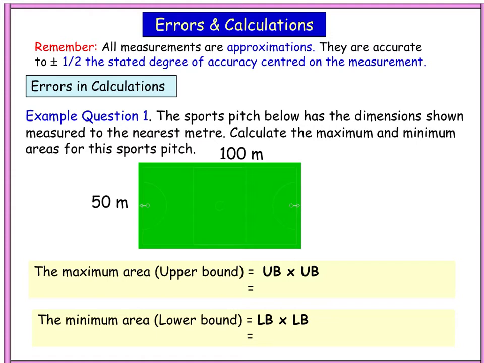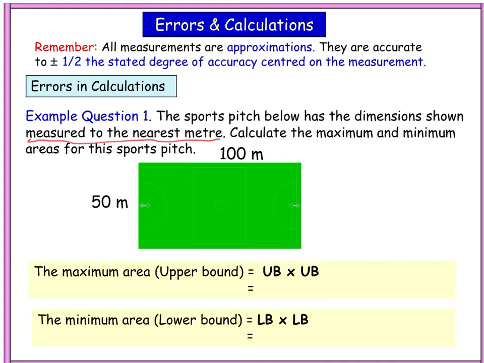But what we want to move it into now is using these approximations in calculations. And you'll see hopefully in the examples we've got here. So here's one. The sports pitch has the dimensions shown, and this is very important. This is the bit that gives away that we're talking about errors, that they're measured to the nearest metre. And we're asked to calculate the maximum and minimum areas of the sports pitch.